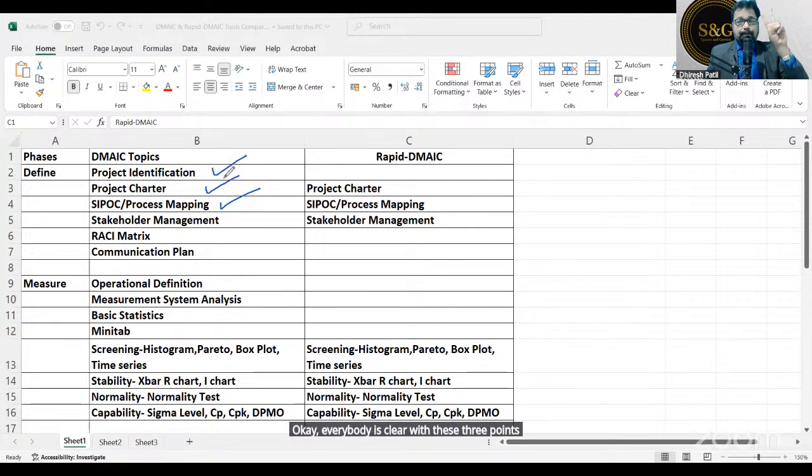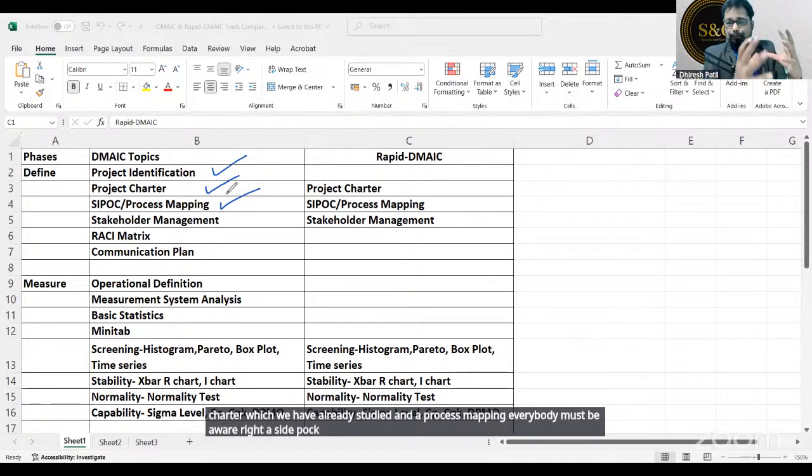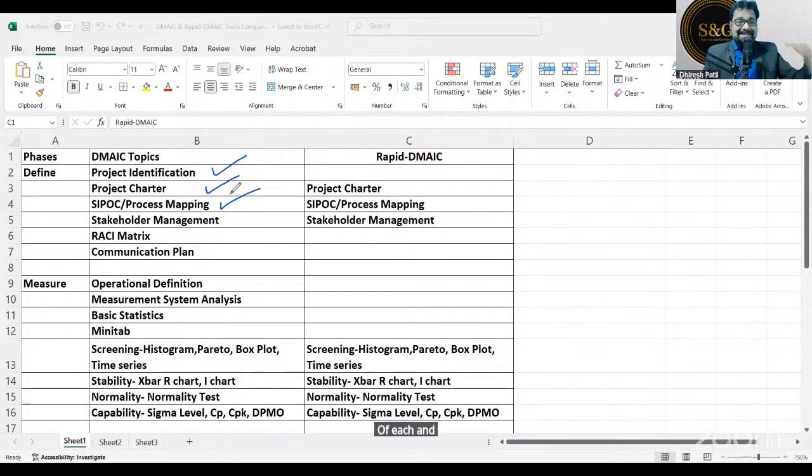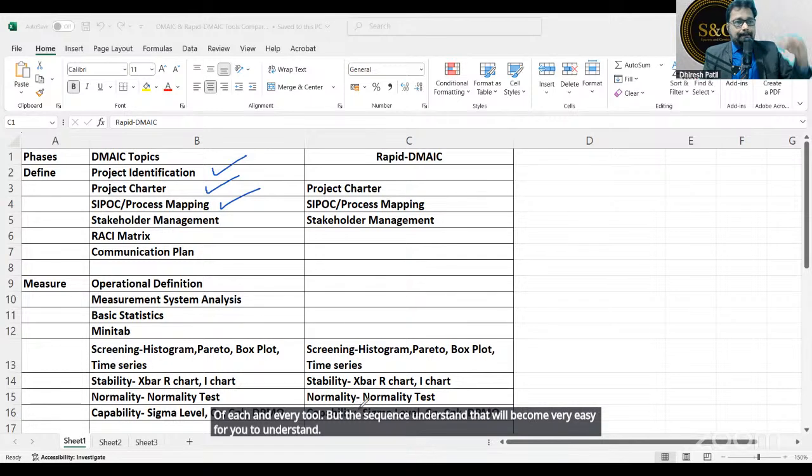Project identification, project charter, which we have already studied, and the process mapping. SIPOC and the process mapping, everybody must be aware, right? I'm not covering the meaning of each and every tool. But understand the sequence once; once the sequence fits, it will become very easy for you to understand. Clear everybody?